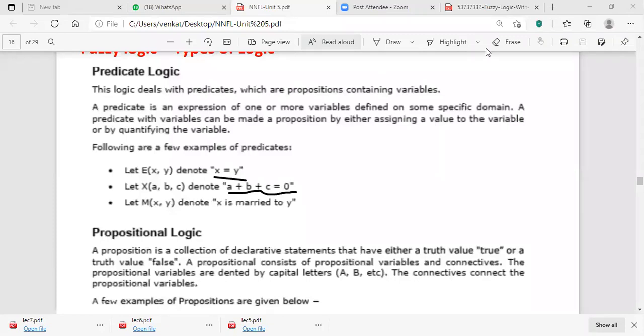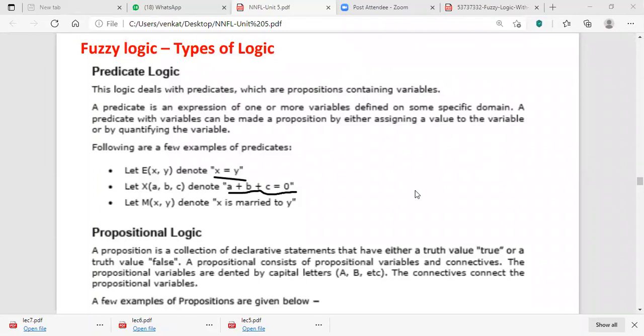The next one is propositional logic. Propositional logic is a collection of statements which have either a true value or a false value. A proposition consists of propositional variables and connectives.